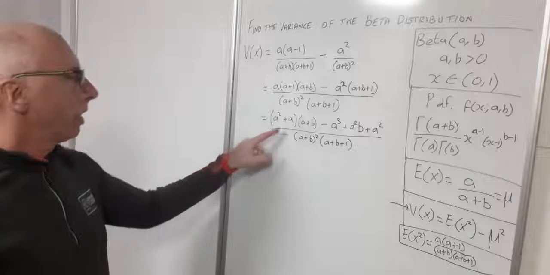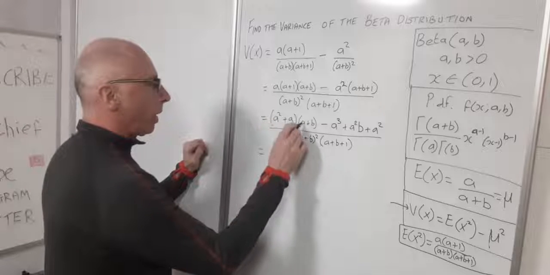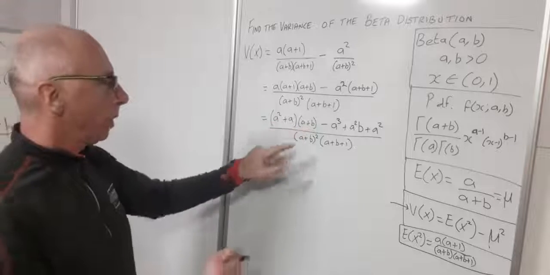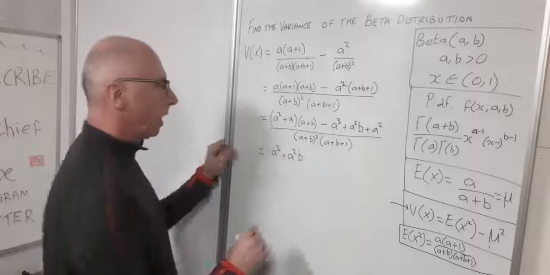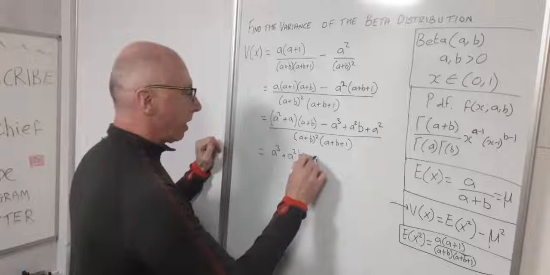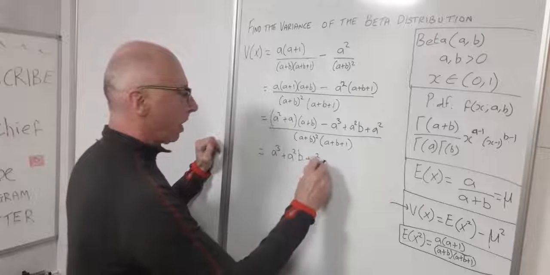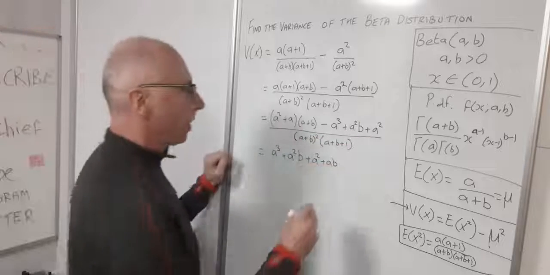Okay, now let's distribute again. So now we've got a squared times a, so that's a cubed, a squared times b, so add a squared b, and now distribute this a. So now we can add a squared, and a times b, so that's add ab. And now subtract all of these ones.